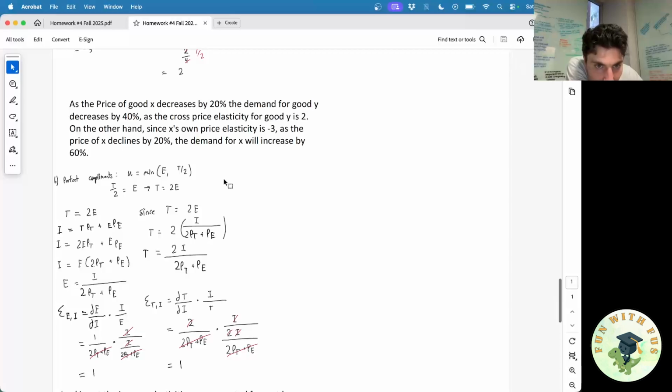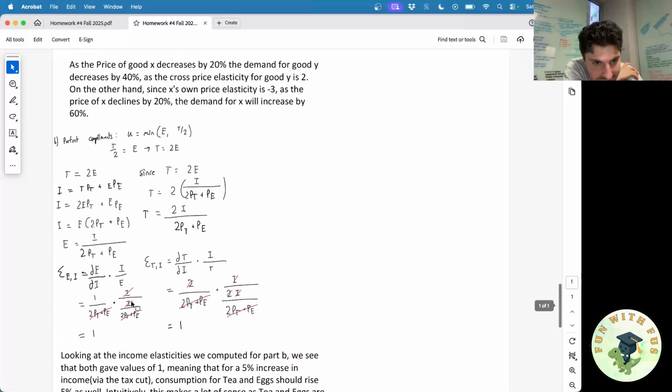And this looks like a lot, but they just did perfect complements. We know how to take the demand, or at least hopefully last homework we learned how to take the demand of a perfect complement. We plugged into the income statement, and so on. Income is equal to this thing, the elasticity.